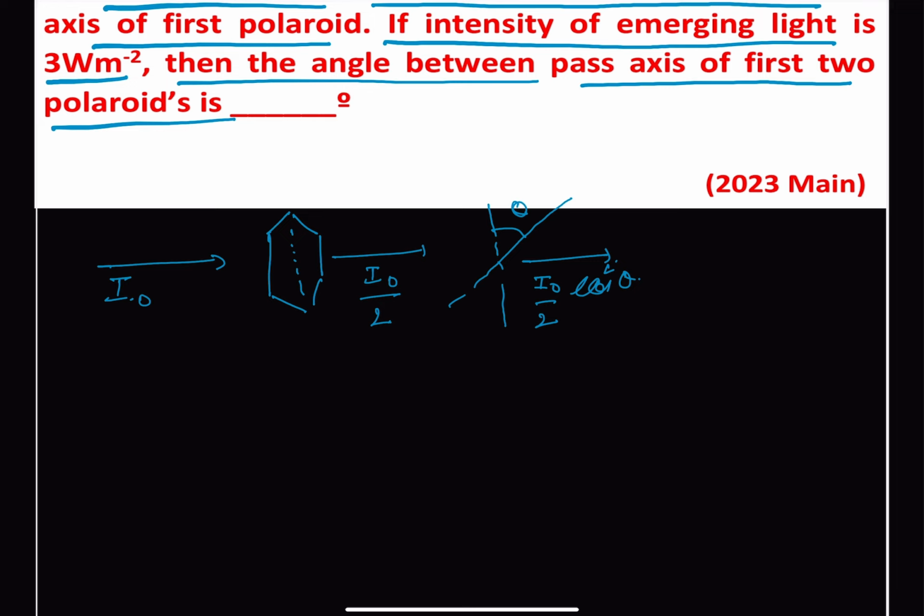For the last polaroid, the pass axis is at an angle of 90 degrees. Finally, let us suppose this is I net, which is given as 3 watt per meter square.